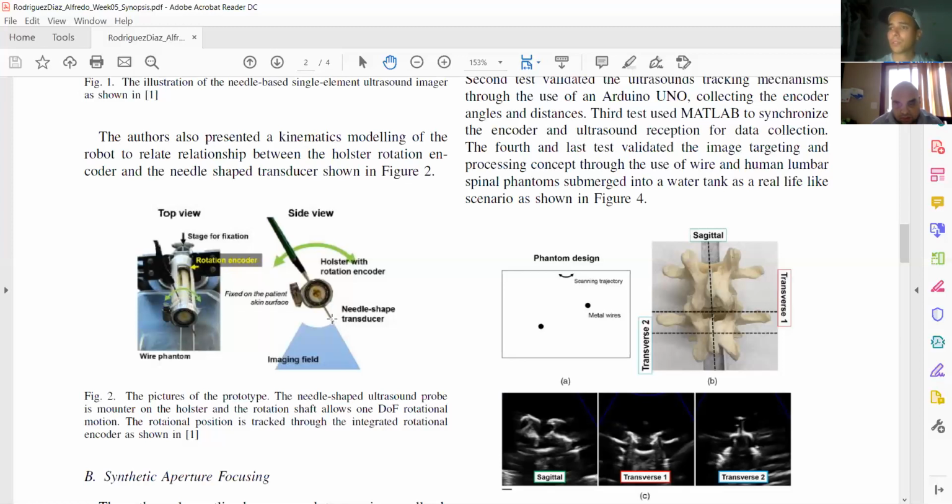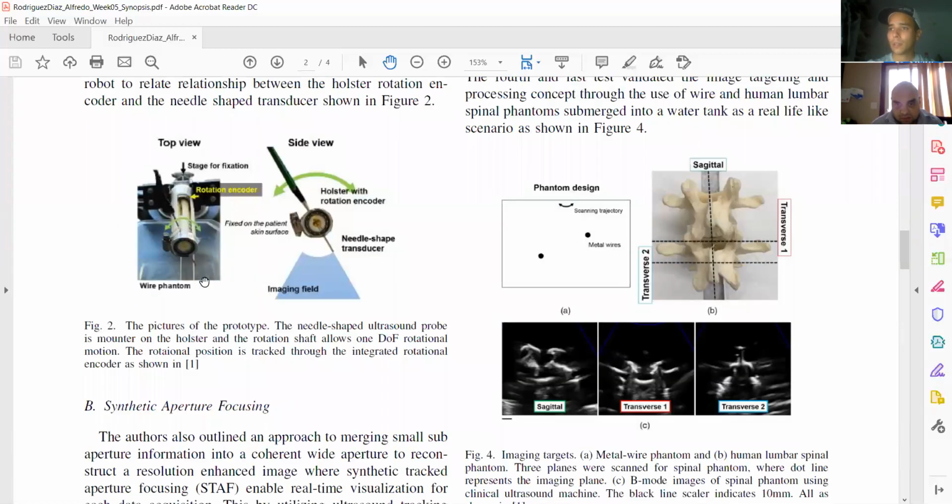The way they ran the testing was they used some wires, which simulate blood vessels and bones. And also here on the image on the right, they used vertebrae type material, and all the testing was done underwater to get a similar resistance to what you would get inside of the body.